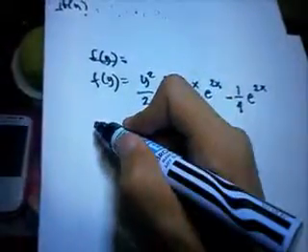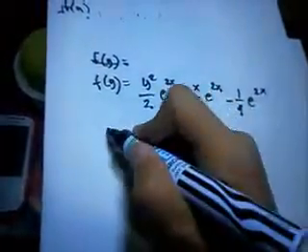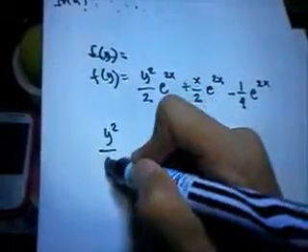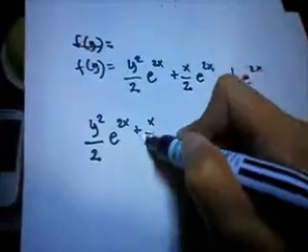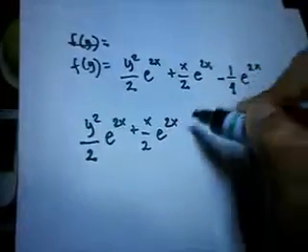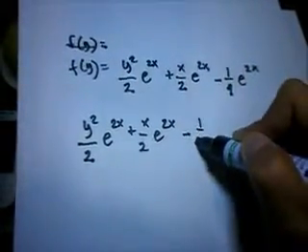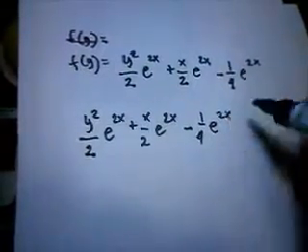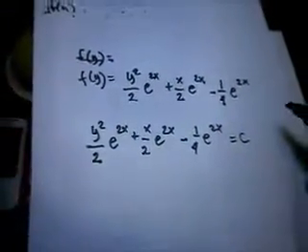So this is just equal to y squared over 2 e to the 2x plus x over 2 e to the 2x minus 1/4, which is equal to c.